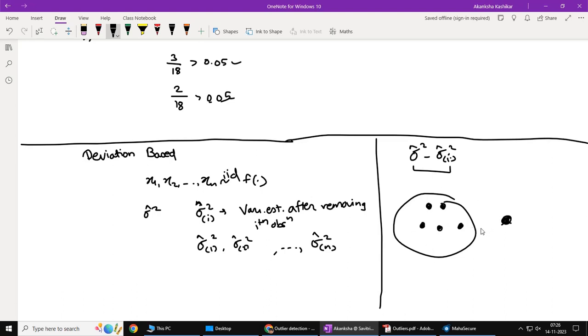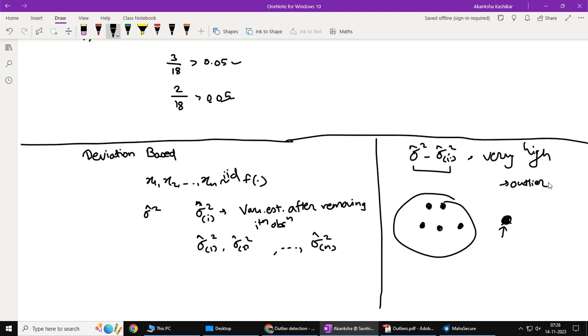This actually happens because this is an outlier. Can you see it? So this is the idea. If this decrease is very high, then that observation will be an outlier.